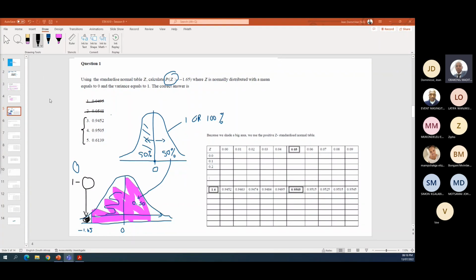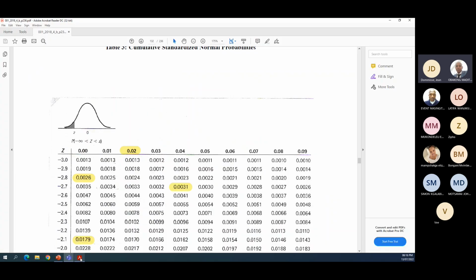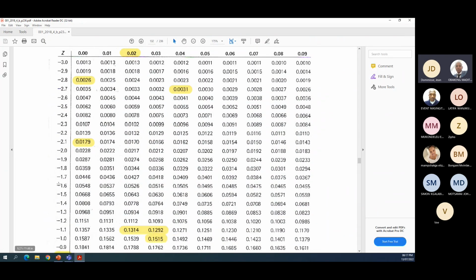Then it's easy if we work with the negative 1,65. Negative 1,65 is 0,0495. I just want to write that down. So there it is.